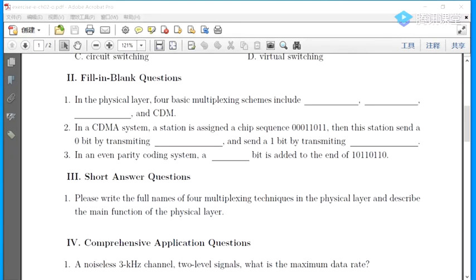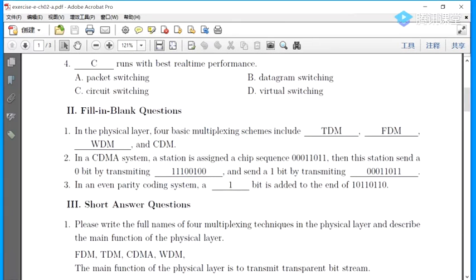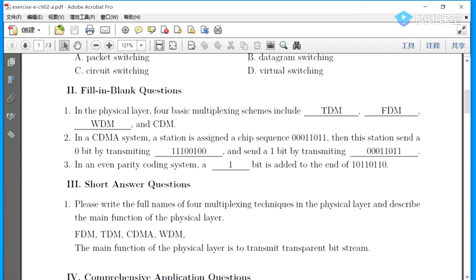Fill in blank questions. In the physical layer, 4 basic multiplexing schemes include TDM, FDM, WDM, and CDM.